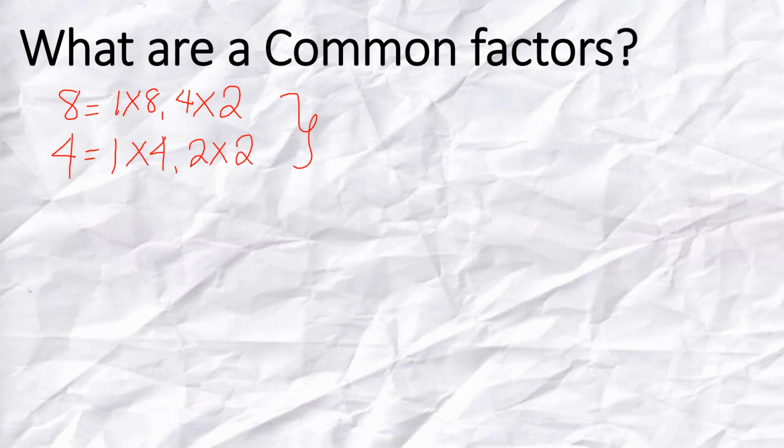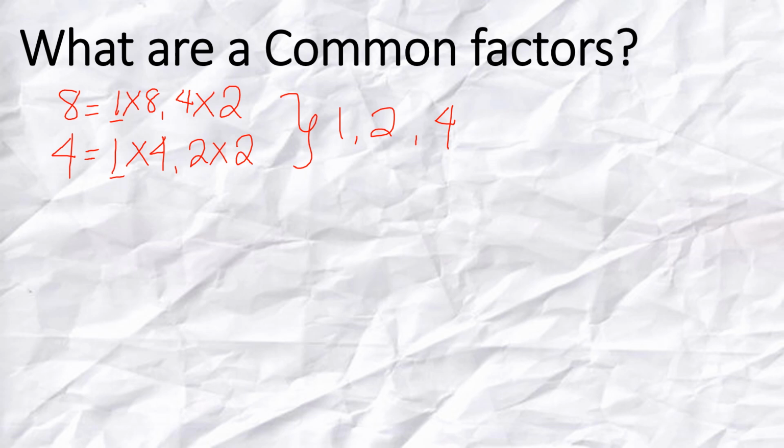So if we write the common factors of these two numbers, we have 1, 2, and 4. So these are the common factors of the numbers 8 and 4, since they share them between these two given numbers.